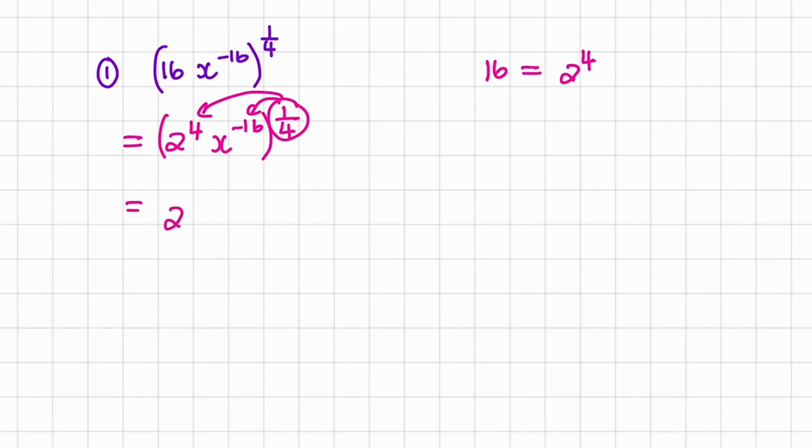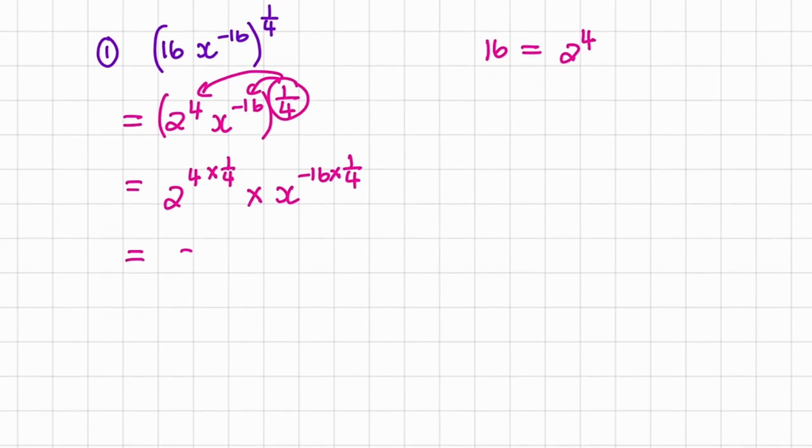So it will be 2 to the power of 4 times a quarter times x to the power of minus 16 times a quarter, and that becomes 2 to the power of 1 x to the power of minus 4. But in algebra, we always want to leave our answers as positive exponents. So I'm using the rule where I can rewrite x to the power of minus 4 as 1 over x to the power of 4.